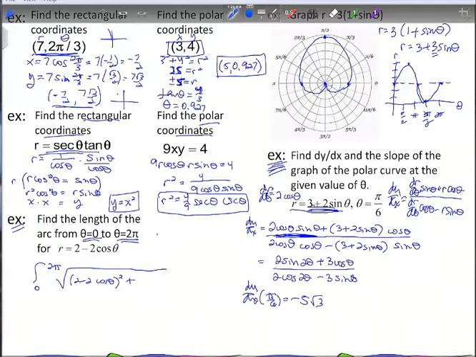So let's do our little dr/d theta over here, just some scratch work. The derivative of 2 is nothing. The derivative of negative 2 cosine would be a positive 2 sine. So we have (2 sine theta) squared d theta. And that would give us our arc length.